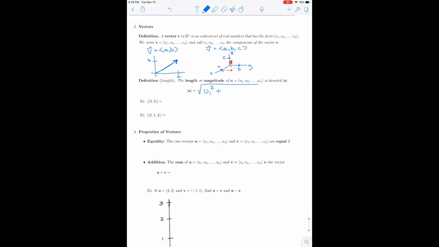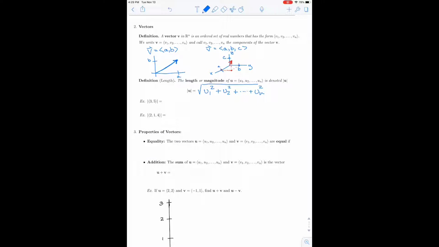So it's the square root of u1 squared plus u2 squared plus all the way to un squared. And that is the distance of the point (u1, u2, all the way down to un) to the origin.